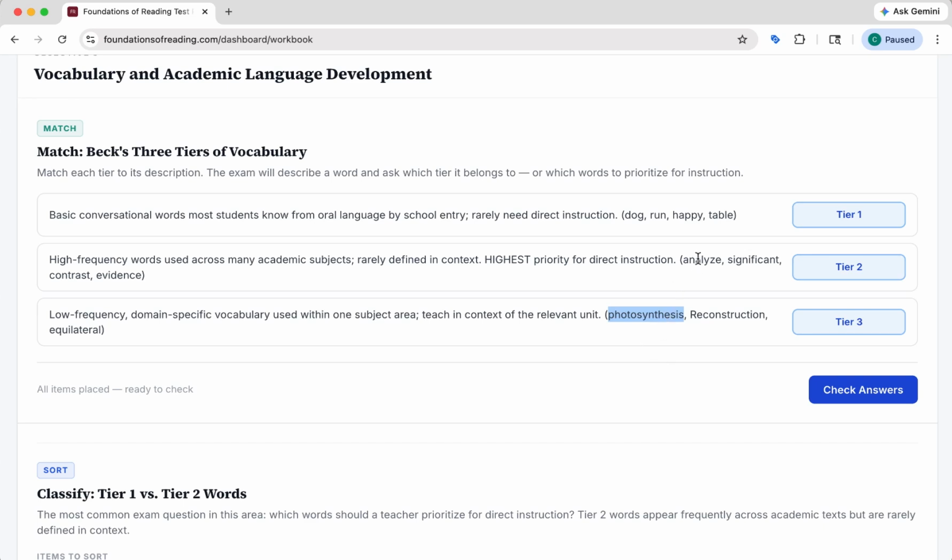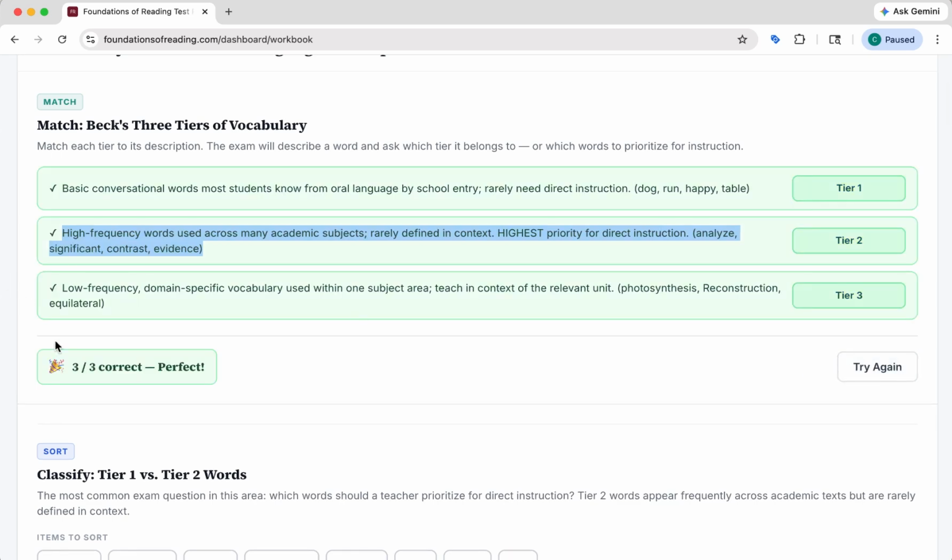The difference is that tier 2 can be used across many subjects, whereas, for example, we don't use photosynthesis in math. That's a science term, right? Equilateral, we don't really use that in history. That's just math, right? So although these are also important, the reason tier 2 are important is because they are so widely used. Okay, so let's check our answers. 3 out of 3, we're good to go.